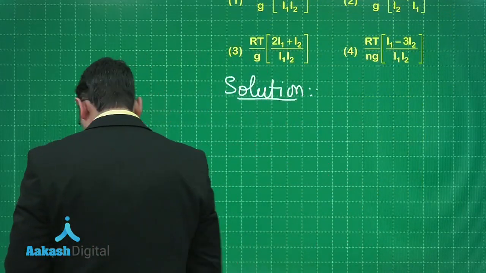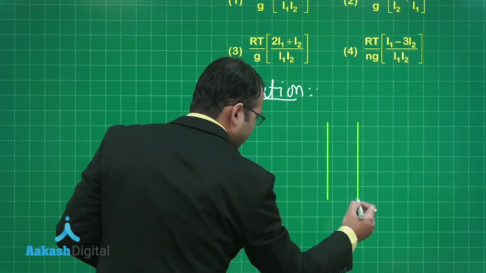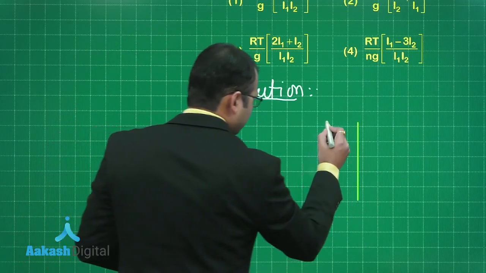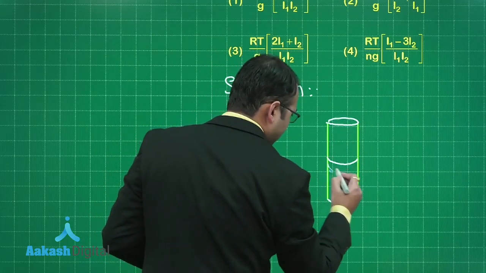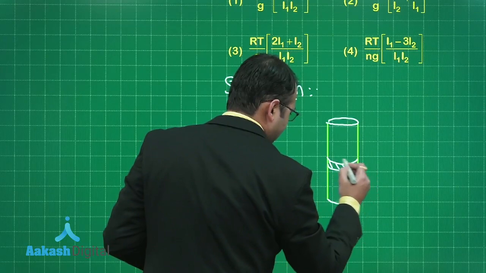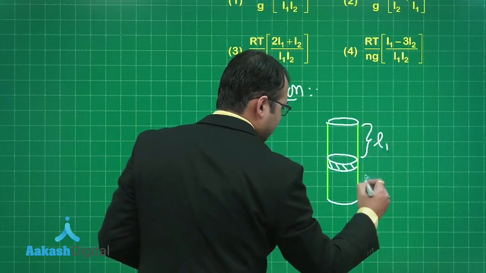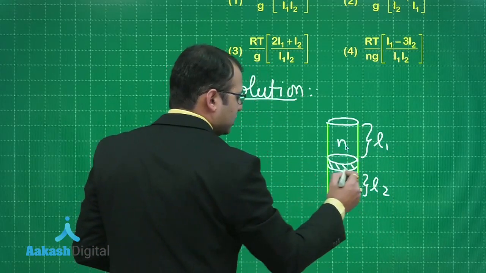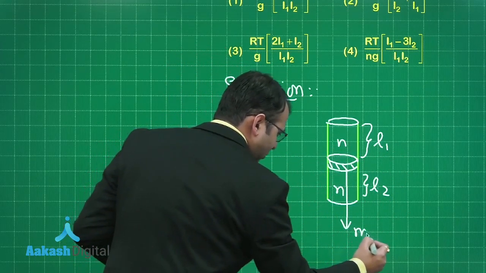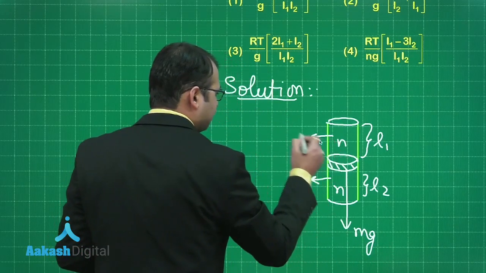So first of all, let's have a diagram which will specify. This being the chamber, here is that frictionless piston we are talking about. This section is L1, this section is L2. Both are having the same number of molecules. The weight of this piston will be downwards. Suppose here is pressure P2 and here is pressure P1.